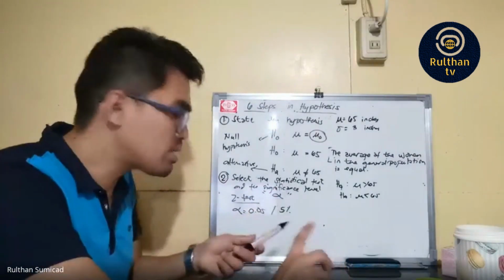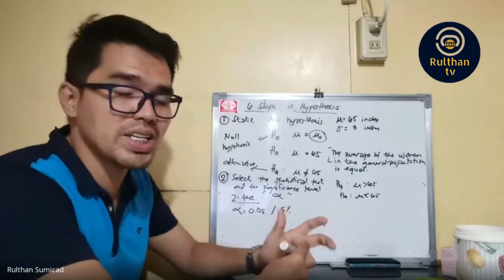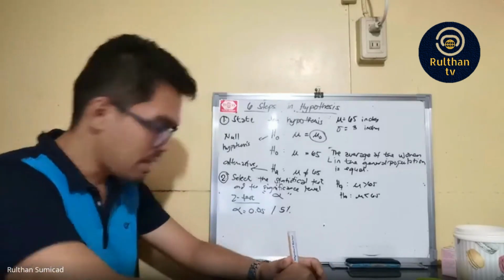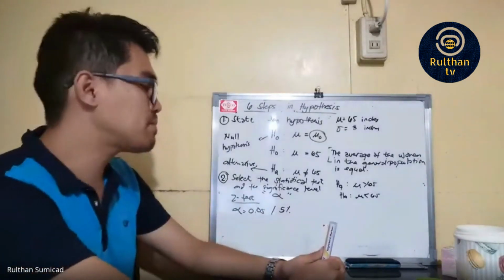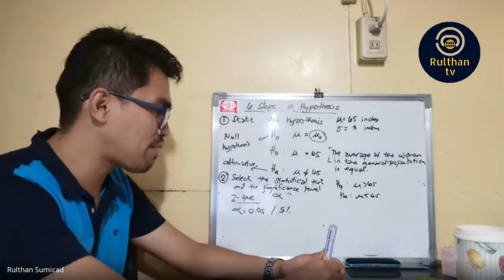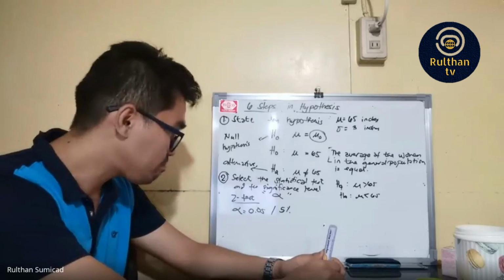Take note why I'm using this one, because in the field of psychology, this is the conventional alpha. This is the accepted alpha in the field of psychology. So we have 0.05 or 5% level of significance.